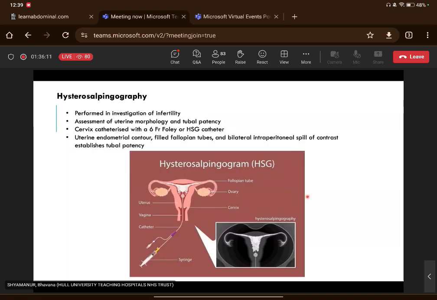So very quick last note on hysterosalpingography, which is of course the fluoroscopic examination, usually done for fertility. The cervix is catheterized, so dye is squirted through into the uterine cavity. It's expected to travel through the tubes and leave the infundibulum to enter the peritoneal cavity.